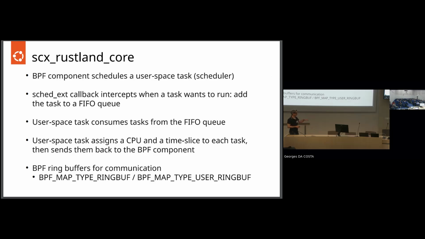So I was surprised. Once we moved to full ring buffers, we got a really big improvement in terms of way less overhead, up to the point that now the overhead of the user space scheduler is more or less like implementing the whole scheduler in BPF. So I'm really happy about this.